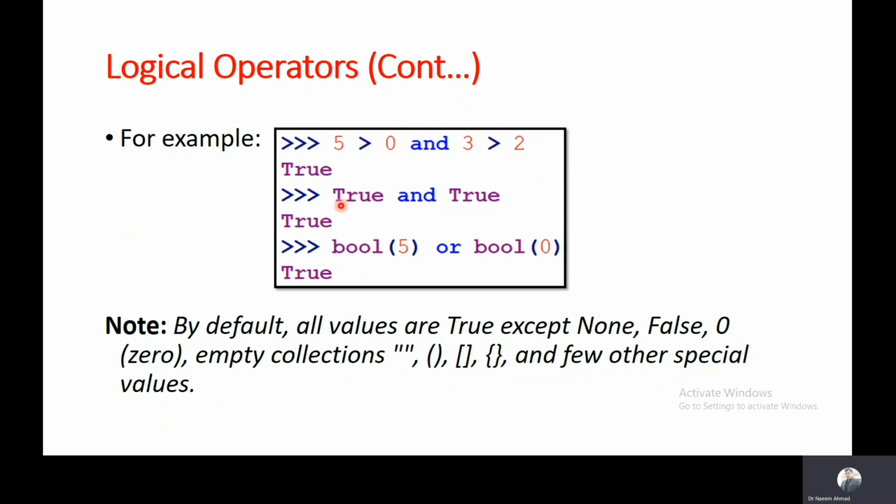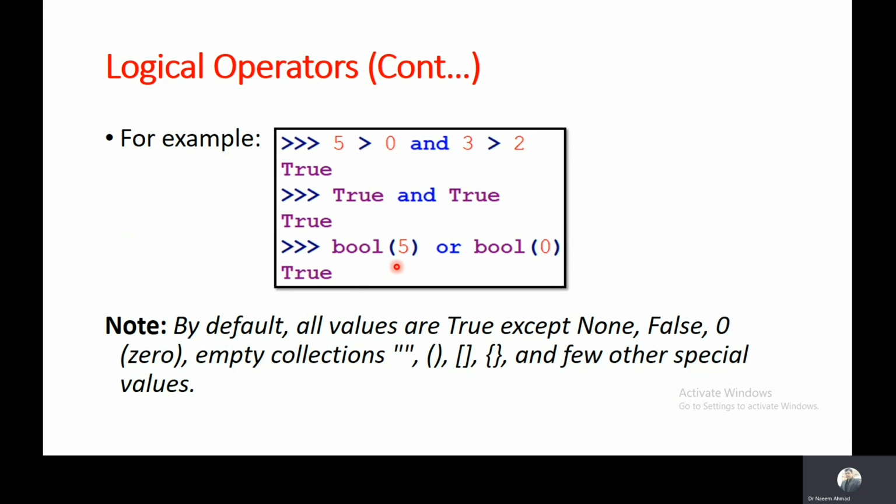You can see in the next example where I have added two Boolean constants with the AND operator, which is producing true. In the third example, I have combined two Boolean functions with the help of the OR operator, which is also a logical operator.